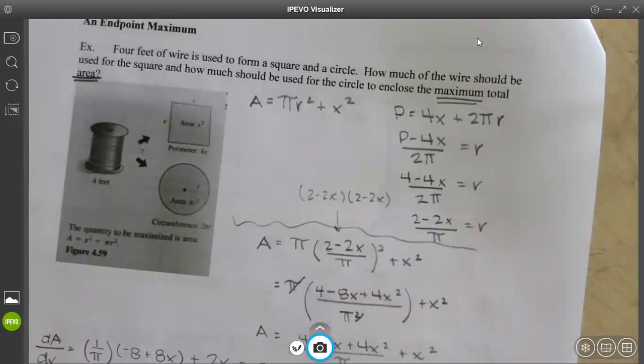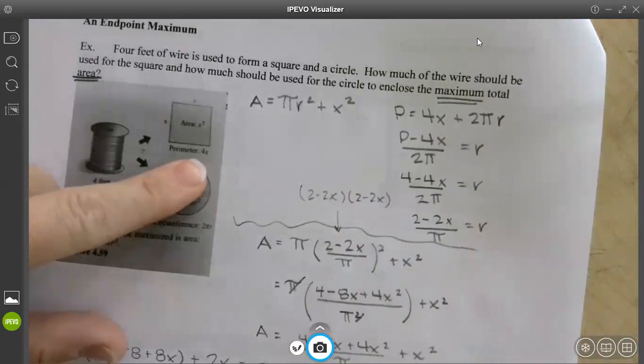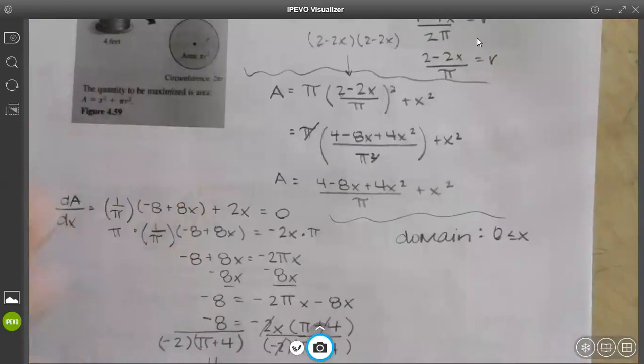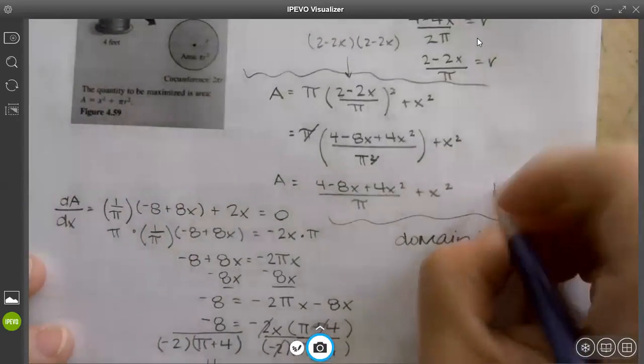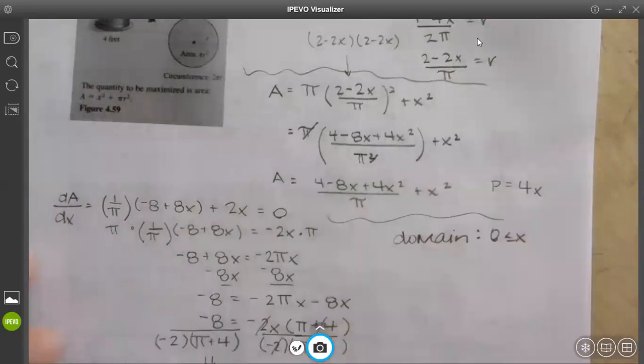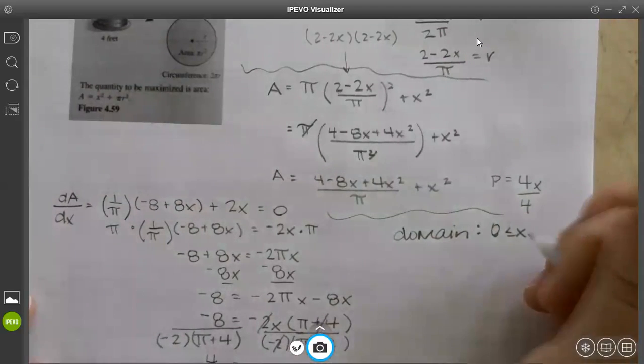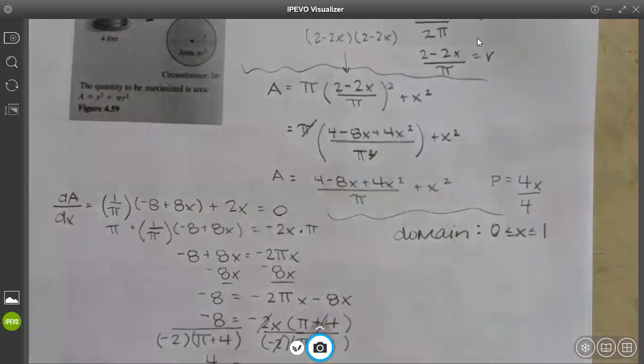What was x going to be? So if my perimeter is 4x, what is the only value that I can have? That's my 0 to whatever. So the perimeter of your square is 4x. I have 4 sides, right? So just 1. Doesn't matter because it fits. Does everybody understand that? Even if you would have screwed up and put 4, would you still be okay?